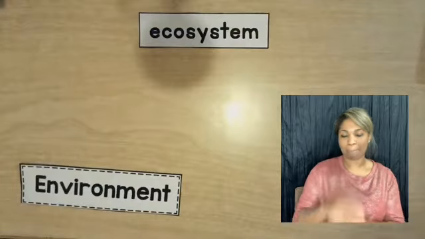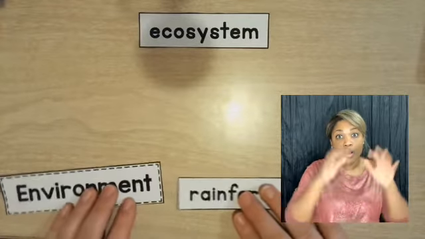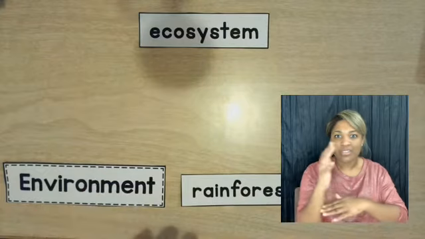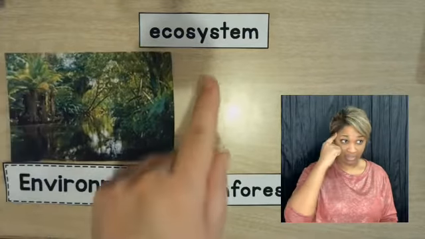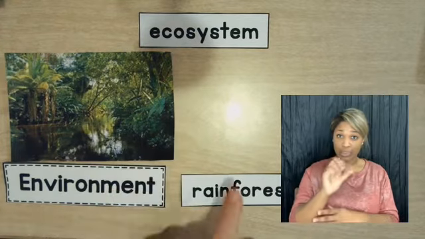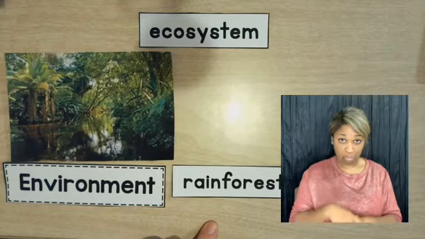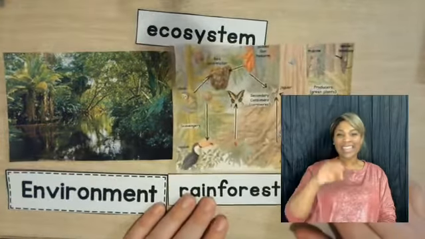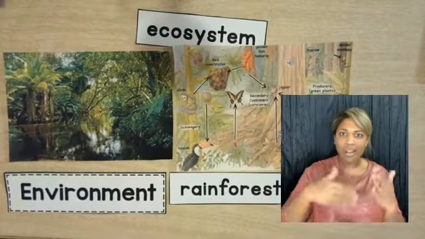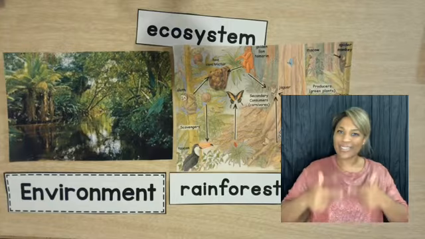Okay, what about the rainforest? What about the environment of rainforest? Do you think that we could find ecosystems in a rainforest? The answer is yes. Look at all of these animals and birds, and they're living around the trees.